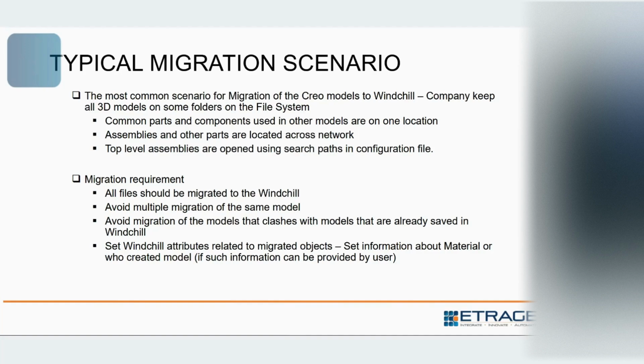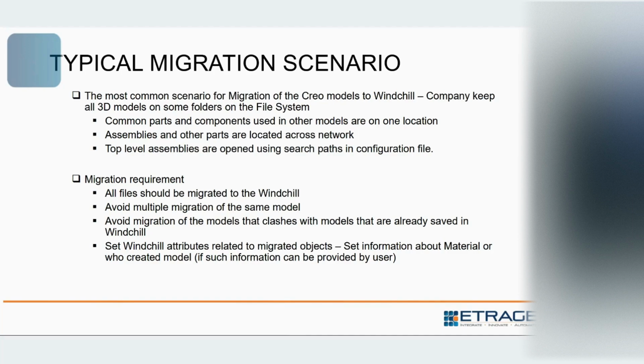Usually the common parts and components used in other models are in one location on the file system, while assemblies, drawings, and other parts are located across the network in different folders. Top-level assemblies and drawings are opened using search paths in a configuration file.